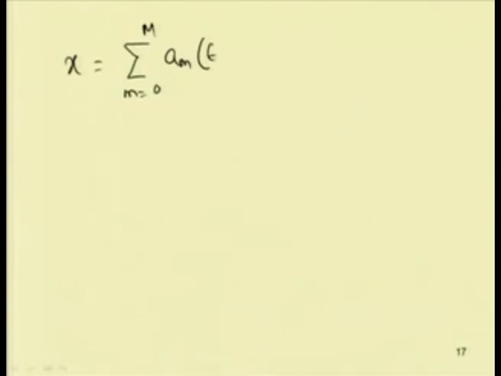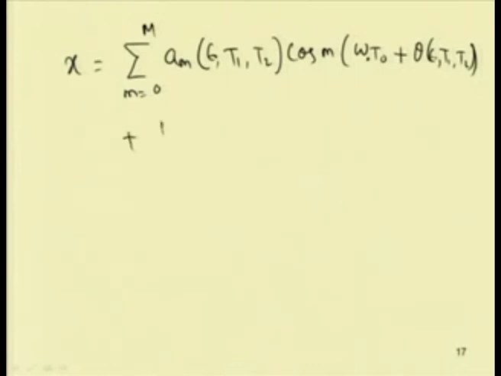In this case, instead of using a constant coefficient, we are using a coefficient which is a function of the parameter epsilon, then t1, t2. Then cos(m omega 0 t0 plus theta), where theta is also a function of epsilon, t1, t2, plus b_m, which is the sine term, b_m(epsilon, t1, t2) sin(m omega 0 t0 plus theta(epsilon, t1, t2)).